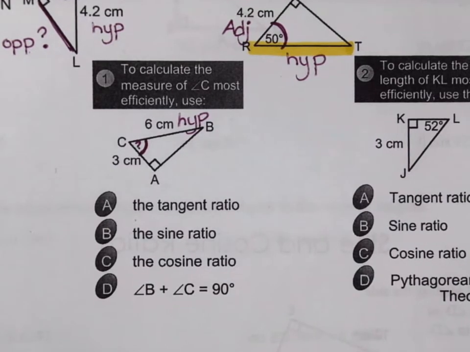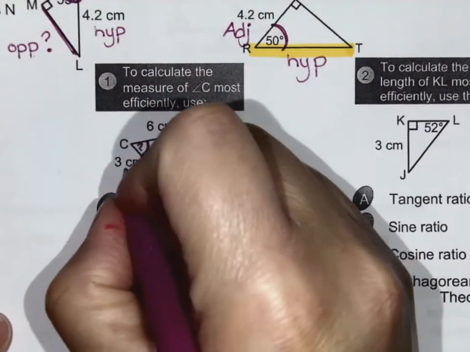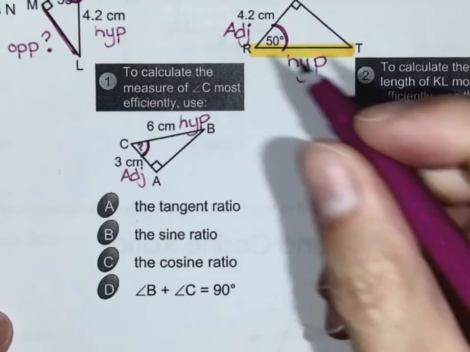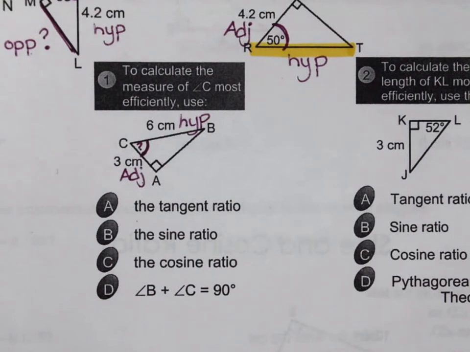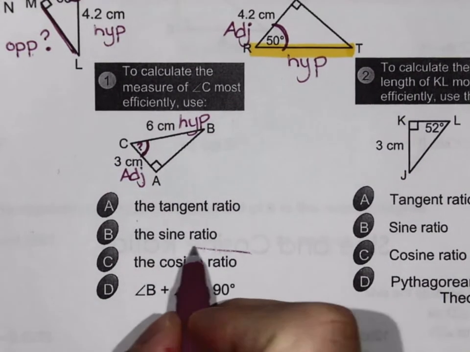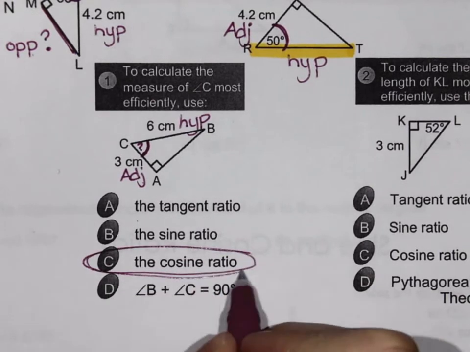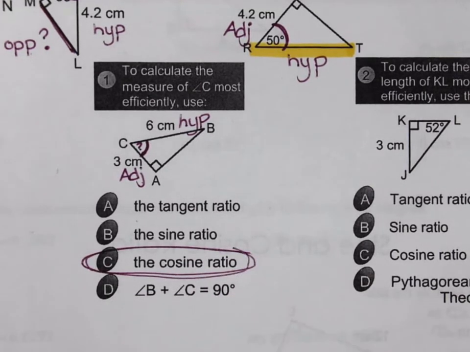Opposite or adjacent? Adjacent. So what trig formula has adjacent and hypotenuse? Cos. Okay, you guys do the last one.